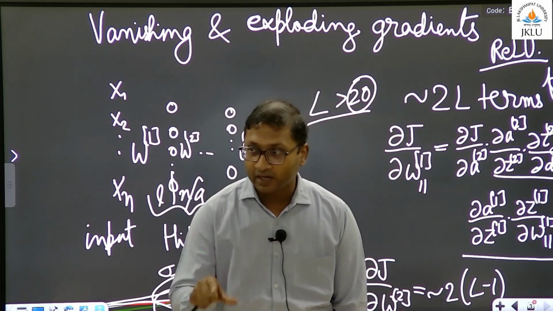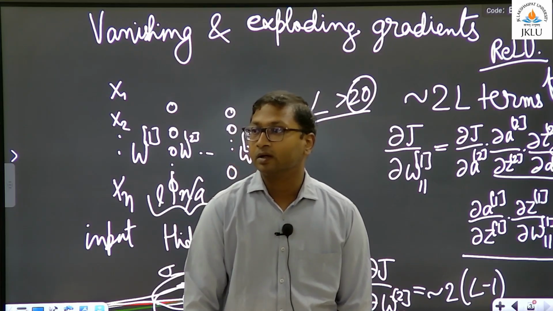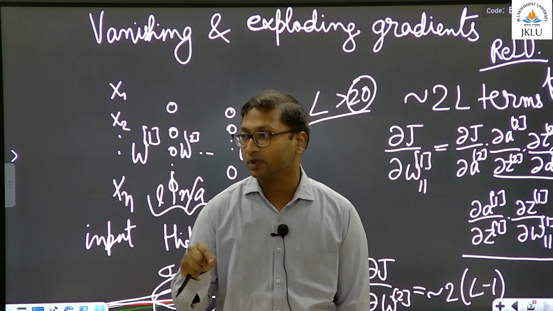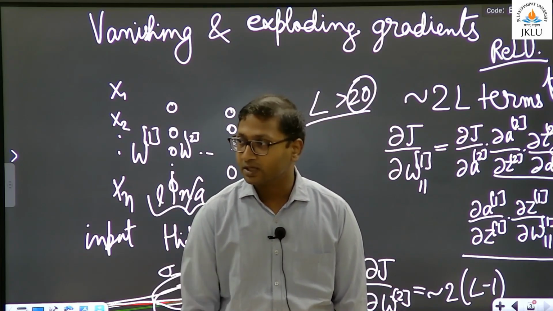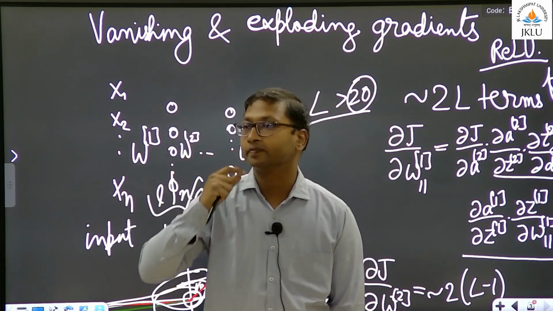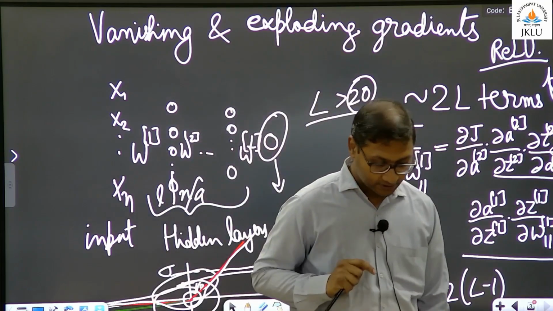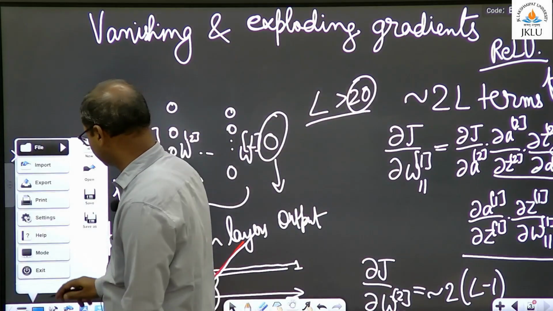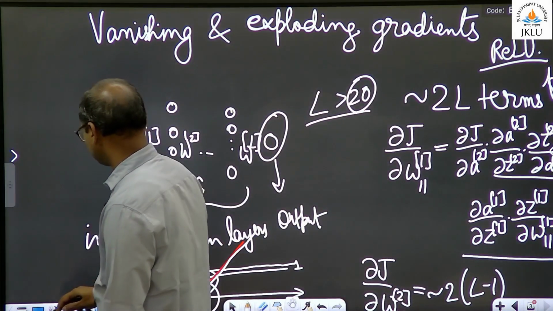Then we will have RNNs, and within RNNs we'll do word2vec, RNNs, LSTMs, and then we'll come to transformers. Right? So we have a long journey ahead. Okay, thank you. That's it for today.